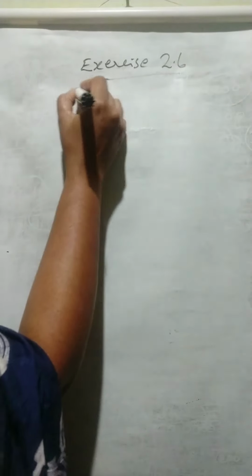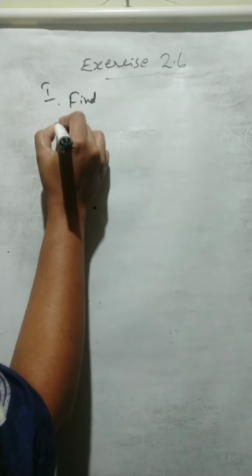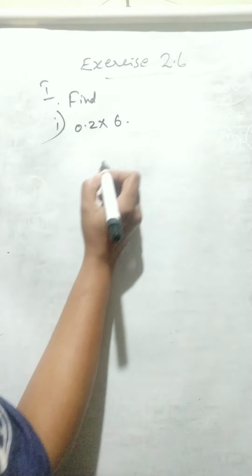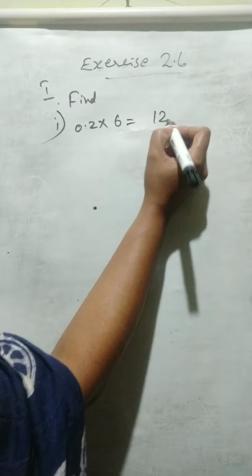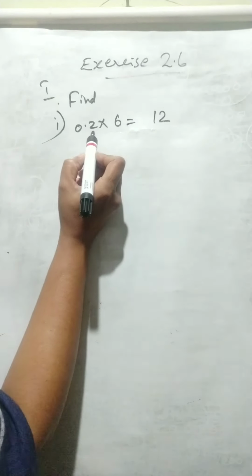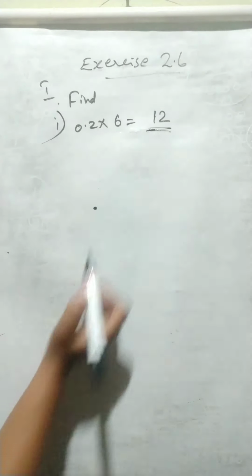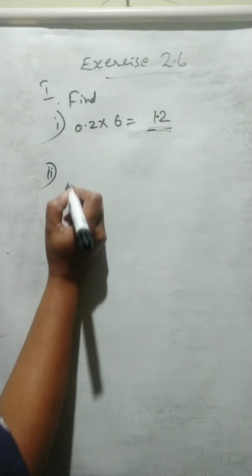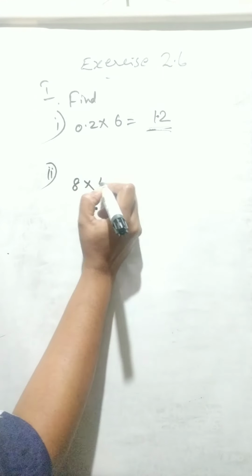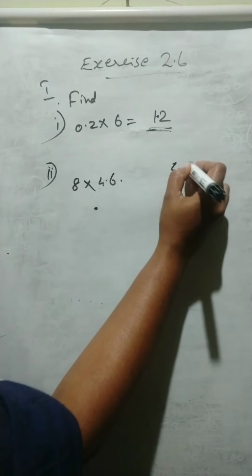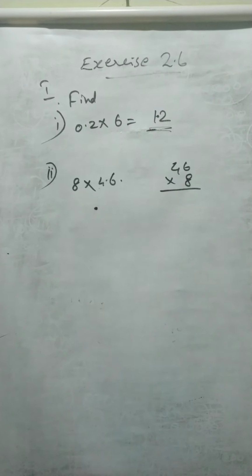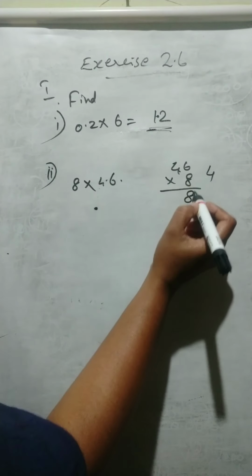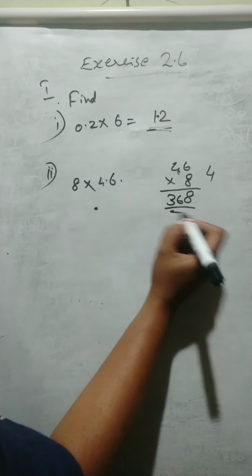First group. First one is 0.2 multiplied by 6. 2 times 6 is 12. Then how many digits are after the decimal point? 1. So we can write 1.2. Then the second question is 8 times 4.6. That means 46 multiplied by 8. 8 times 6 is 48, carry 4. 8 times 4 is 32, plus 4 is 36.